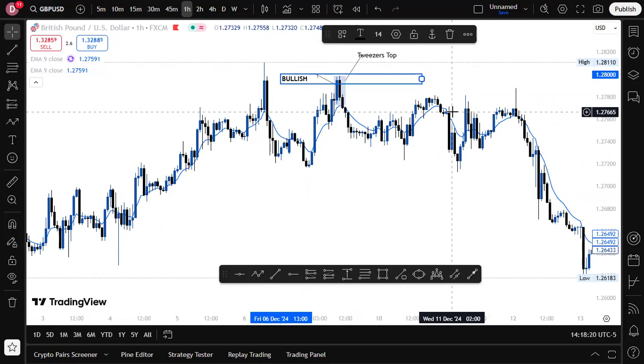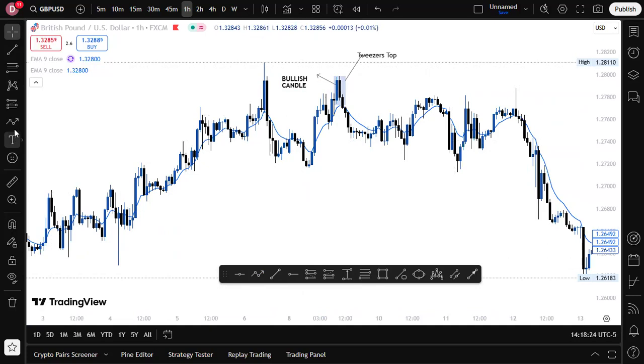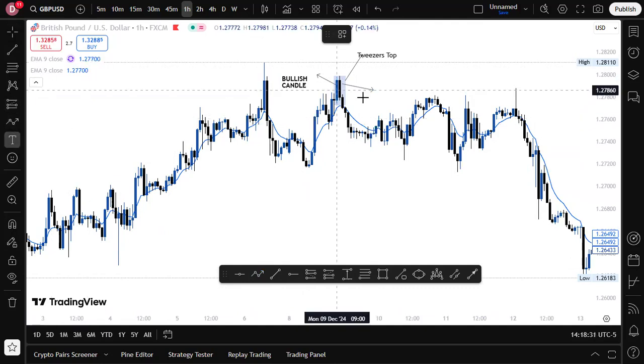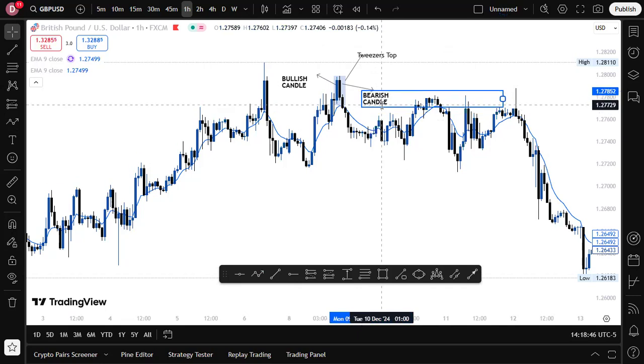So this is the bullish candle, which is the first candle, and the second candle is the bearish candle.